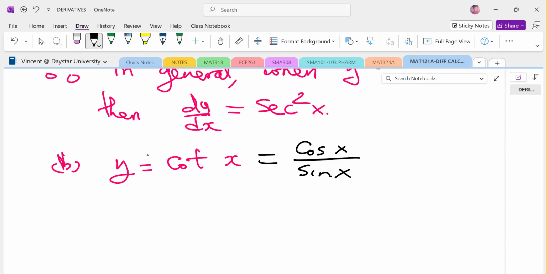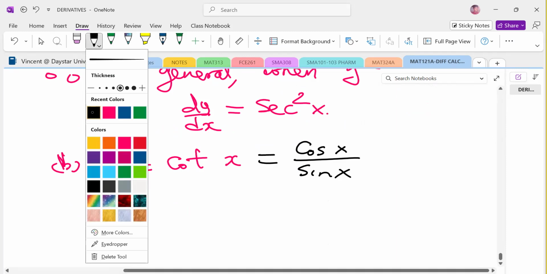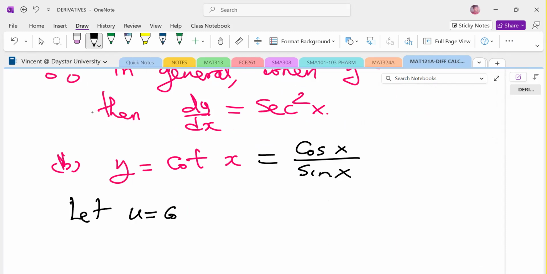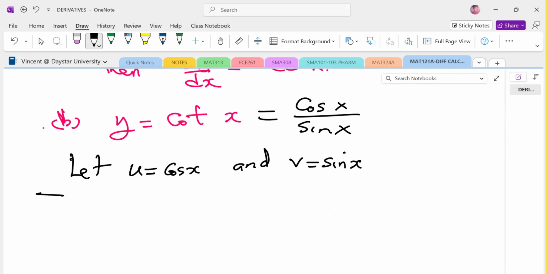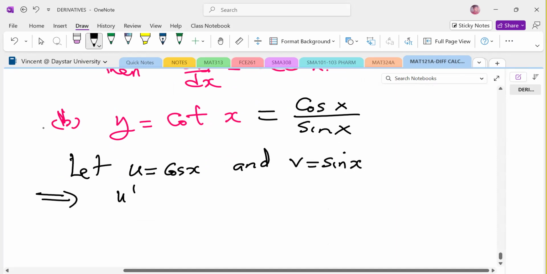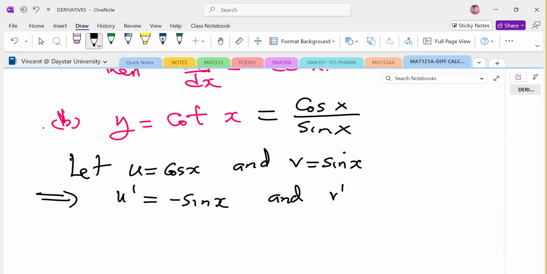So this is by definition. Then you let the numerator be u. So let u be cos x and v be sin x. So u prime is going to be negative sin x and v prime is going to be cos x.